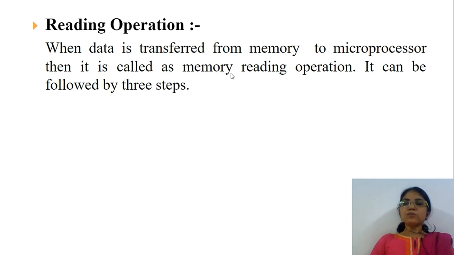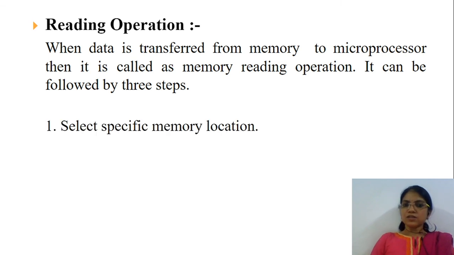For that process also we carry out three different steps. The first step is again the same, that is to select the specified memory location. As we studied before, for selecting the memory location we transfer the address of the memory location on the address lines of the microprocessor 8085, and according to that we select the specified memory location.